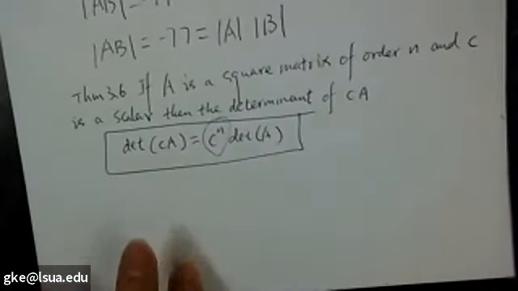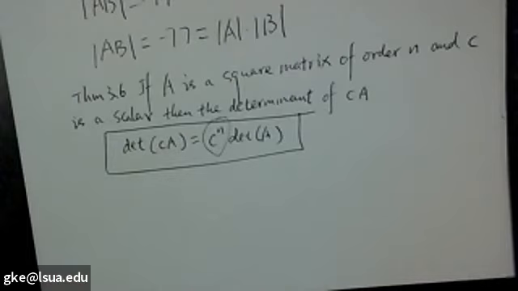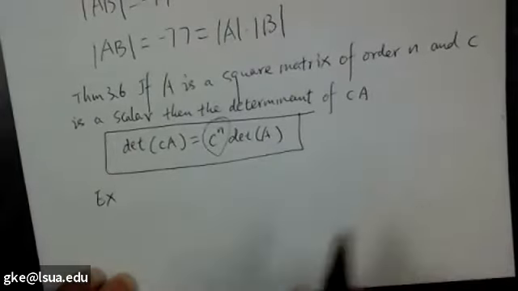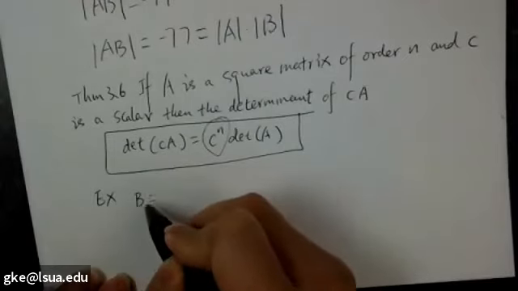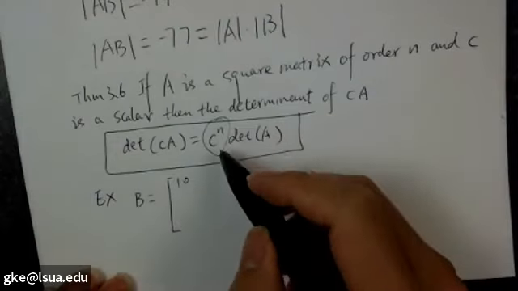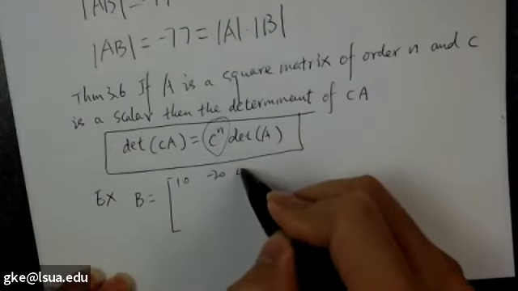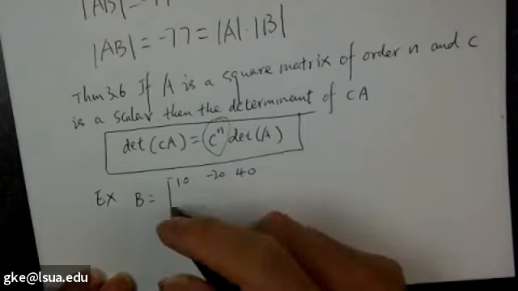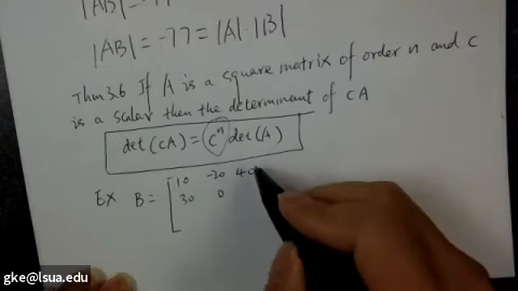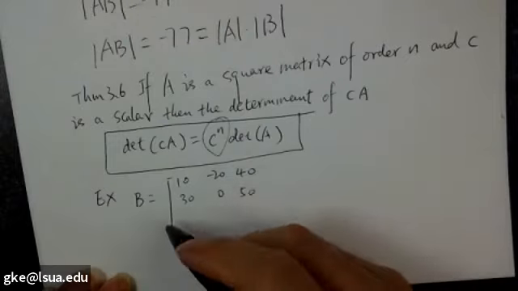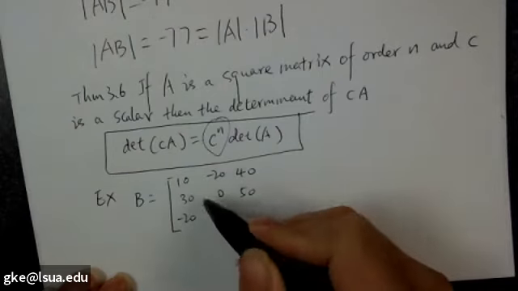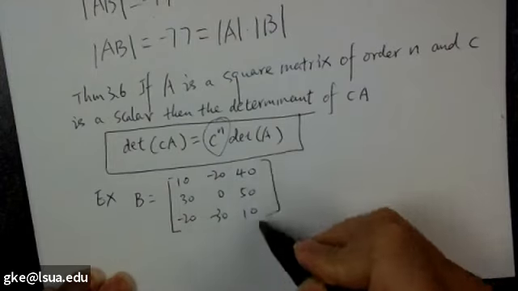It's not C. So for example, B equals [10, -20, 40; 30, 0, 50; -20, -30, 10].